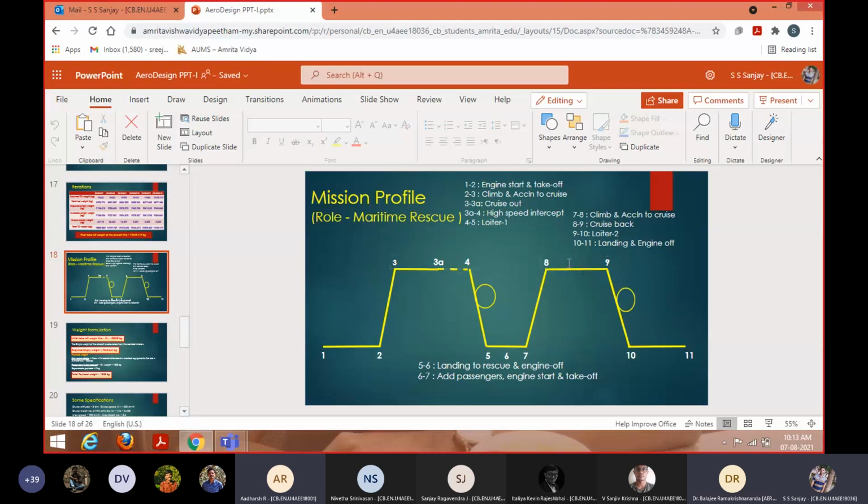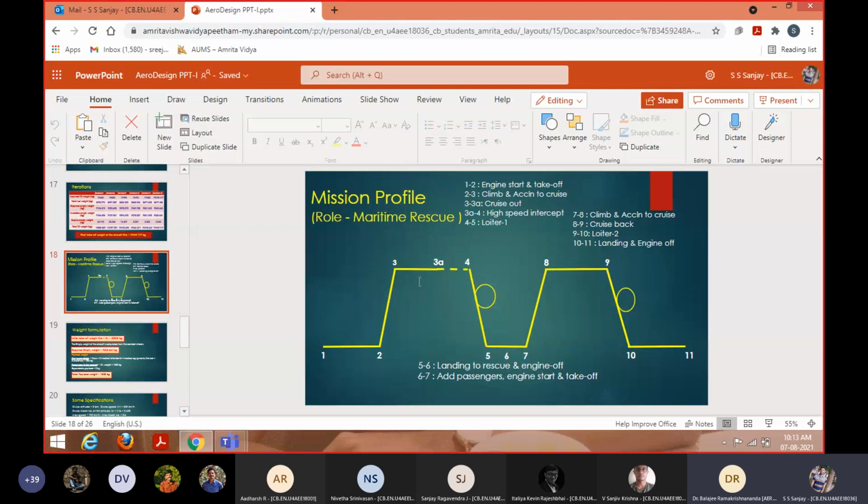Yes, we've taken the same L by D and V. I agree that since the weight is lost here, L by D and V should ideally change, but that change is negligible, and at this stage of design we can assume the same L by D and V. That's what was mentioned in the Cork book. We know the formula for V is the square root of 2 times W by S by rho CL.